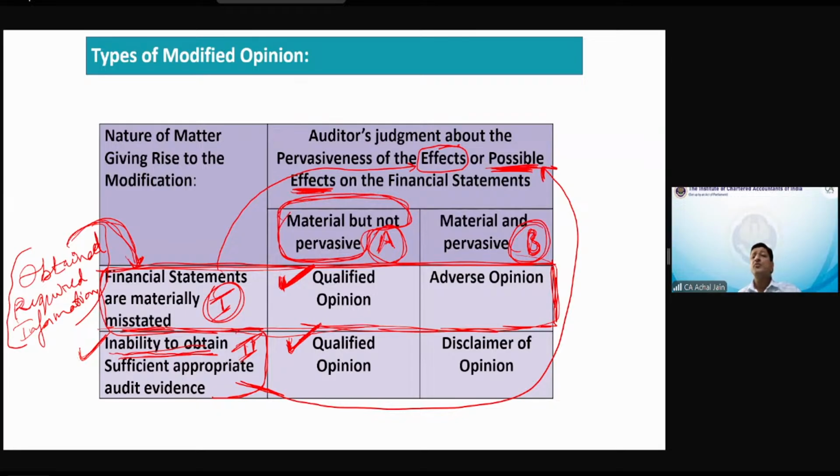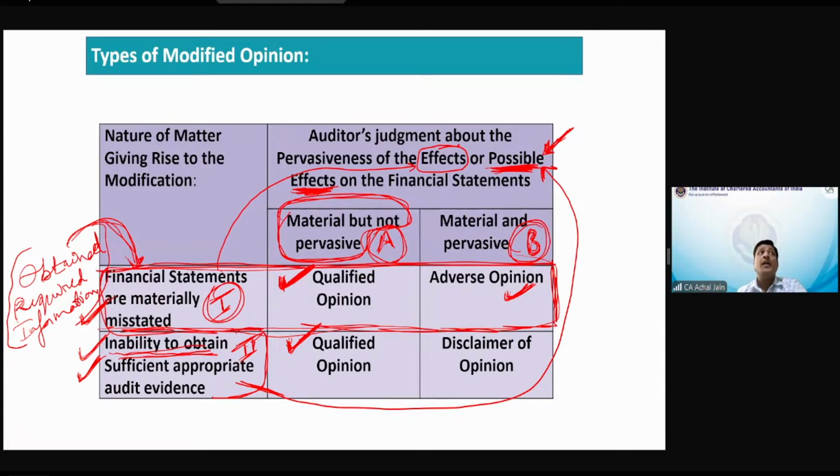Now, on situation number 1 we discussed that if the information is obtained, the misstatement is material and pervasive, you go to adverse opinion. But let's suppose information is not obtained, and you are looking at the possible effect.